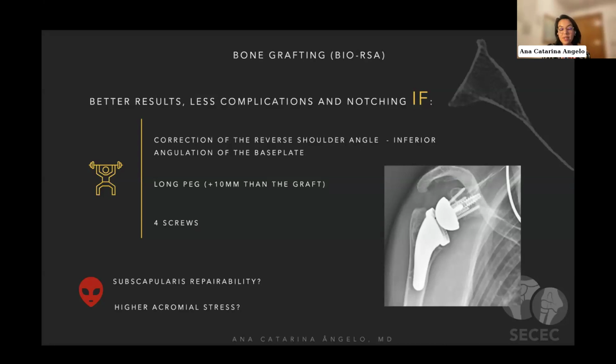So usually subscap repairability goes down. Even if you can repair it, the rate of re-tear is very high because it's in a lot of tension. And we don't know, we're still studying, but it seems that it may also lead to a higher acromial stress fracture incidence.